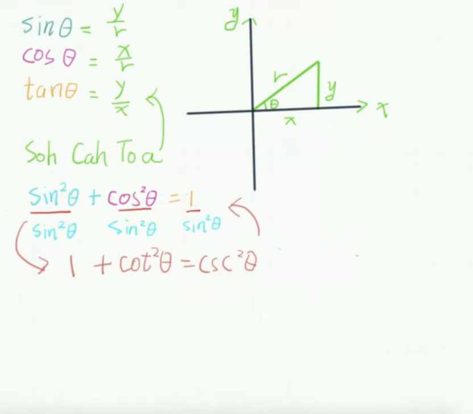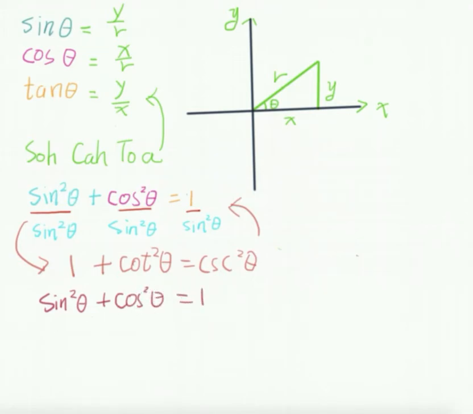Another one is the same idea, which is this one divided by cosine squared theta. I'll write it here to make it more clear. I'm just going to copy the top part here.